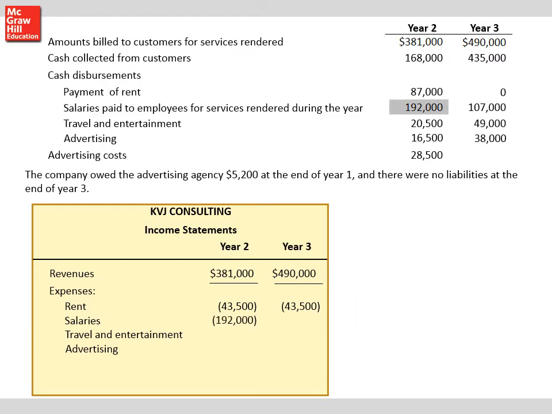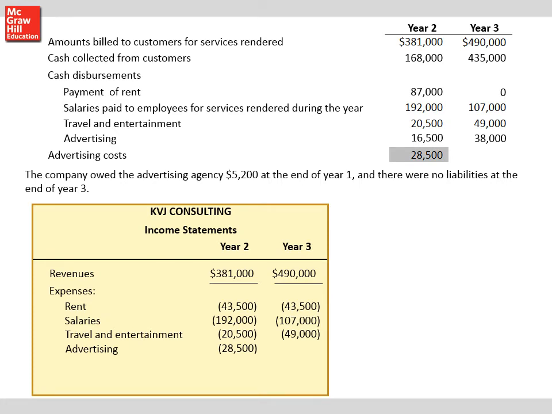The salaries paid to employees will also be the expense amount. Travel and entertainment, same thing. The expense amount is the amount that was actually paid. But let's take a look at advertising. The actual advertising costs, and they tell us that in year 2, the expense amount is $28,500.